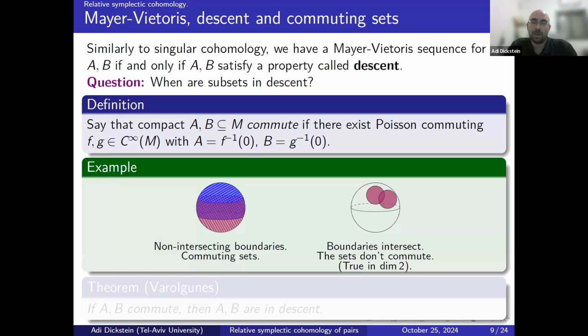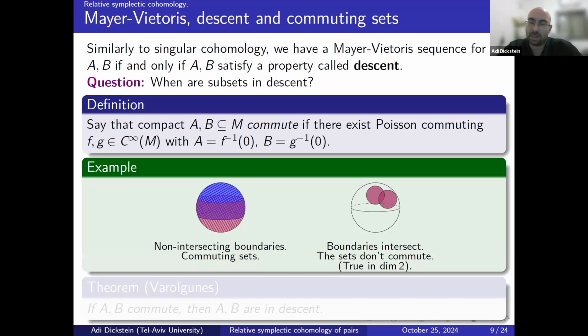For example, if we have two disks on the sphere with empty intersection of the boundaries, then these sets commute. On the other hand, in dimension 2, if we have a non-trivial intersection of the boundaries, then the sets do not commute.